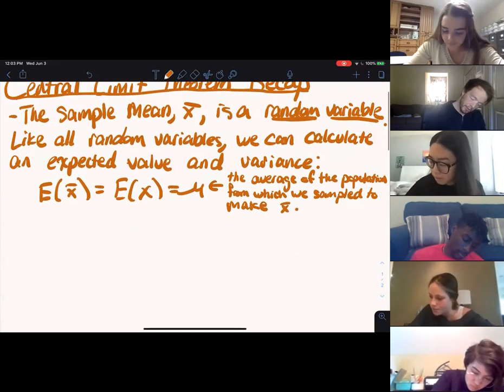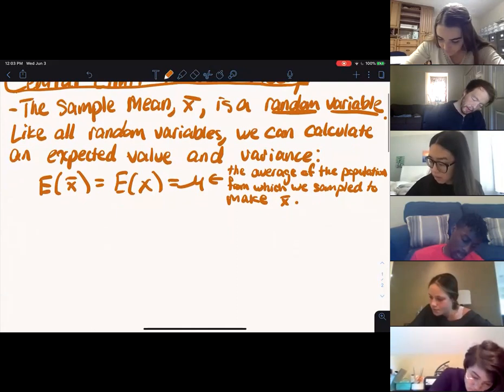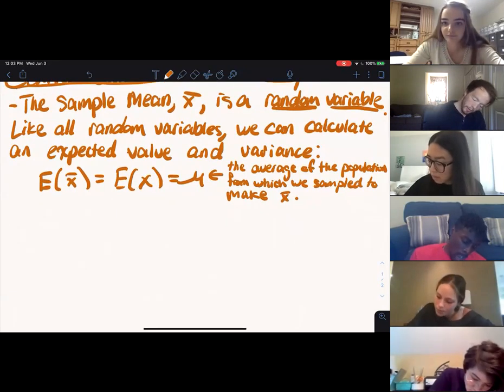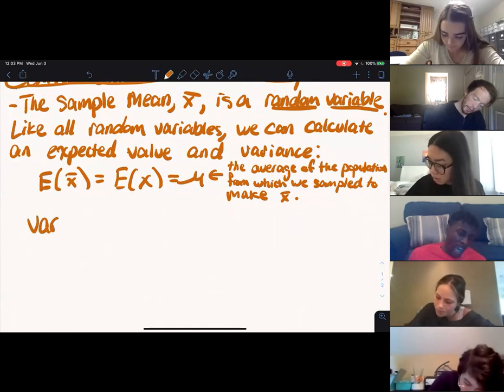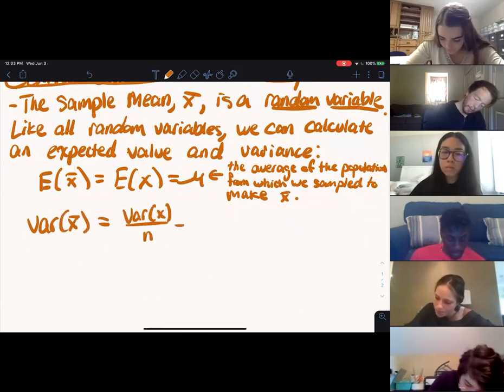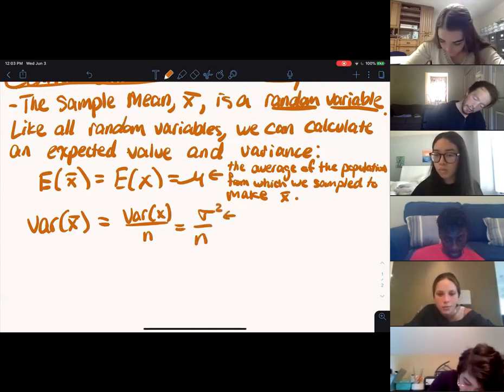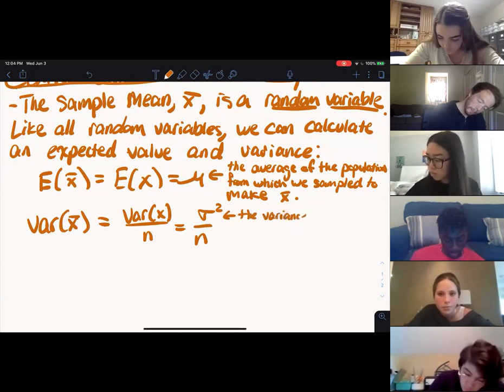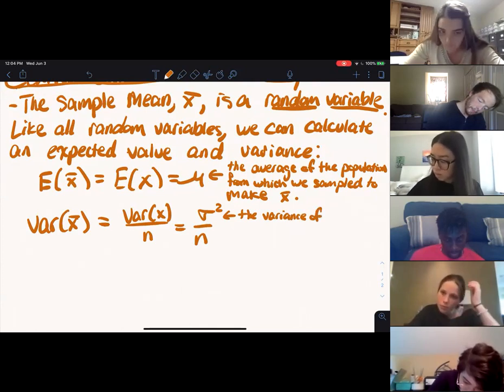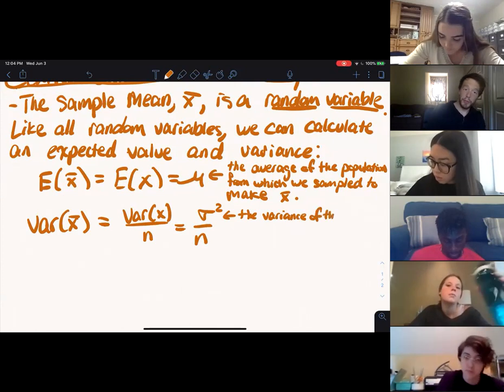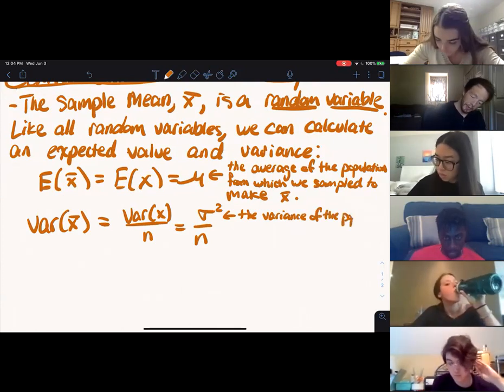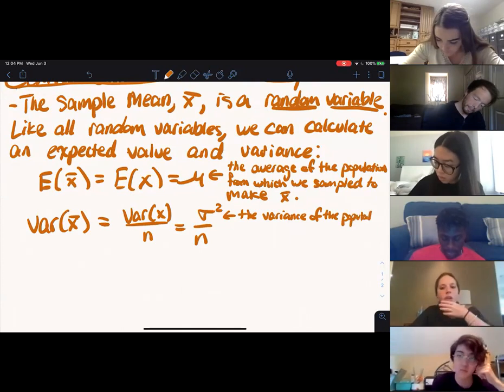It has this expectation, and we can also calculate its variance. I gave you that it's equal to the variance of the whole data divided by n, which is sigma squared over n. Sigma squared is the variance of the population from which we sampled to make x bar, and n is the sample size, the size of that sample.